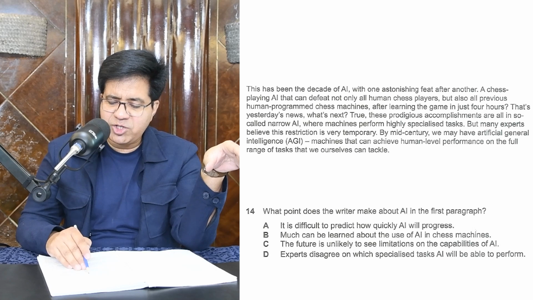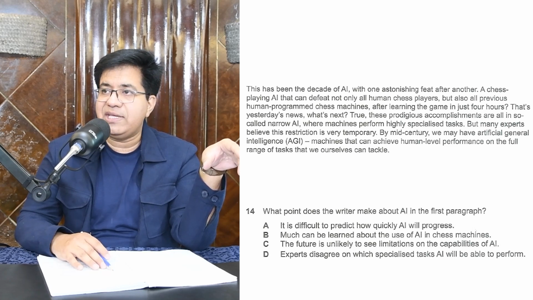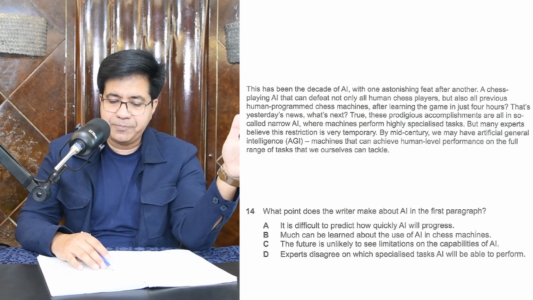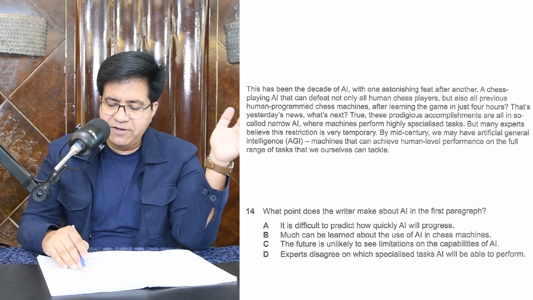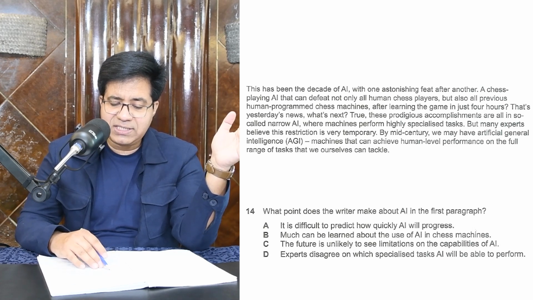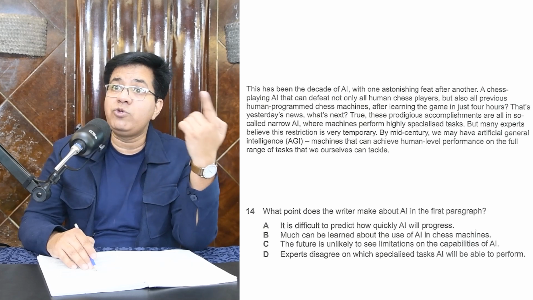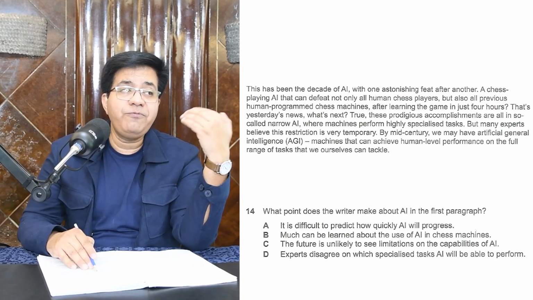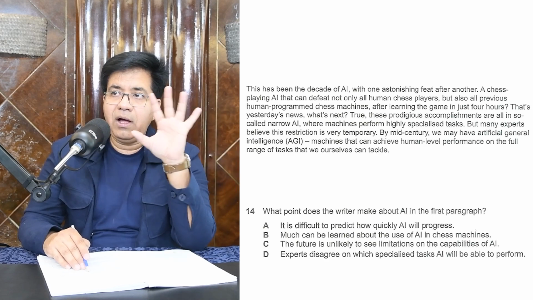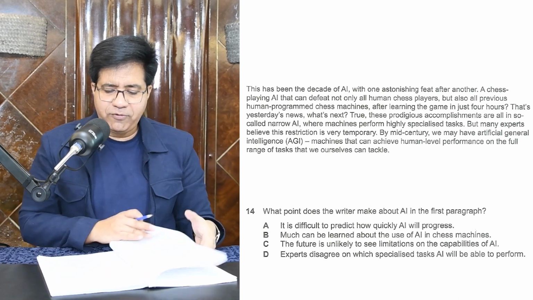By mid-century, we will have artificial general intelligence. Mid-century means 2050. Machines that can achieve human-level performance on the full range of tasks that we ourselves can tackle. So they are talking about the future. By 2050, artificial intelligence will reach human-level performance and perform all the tasks.